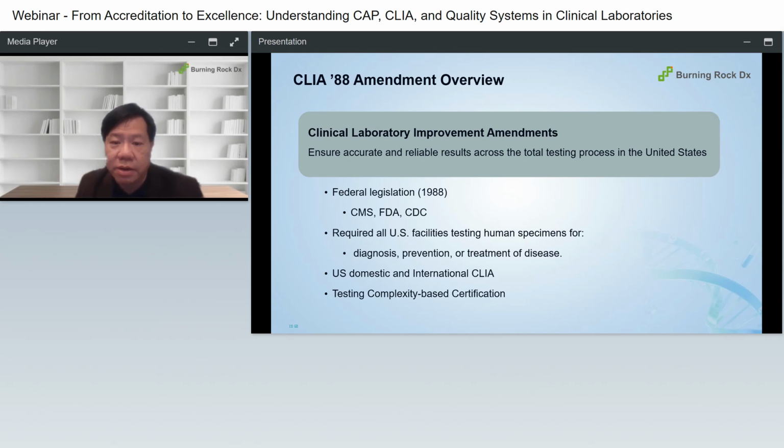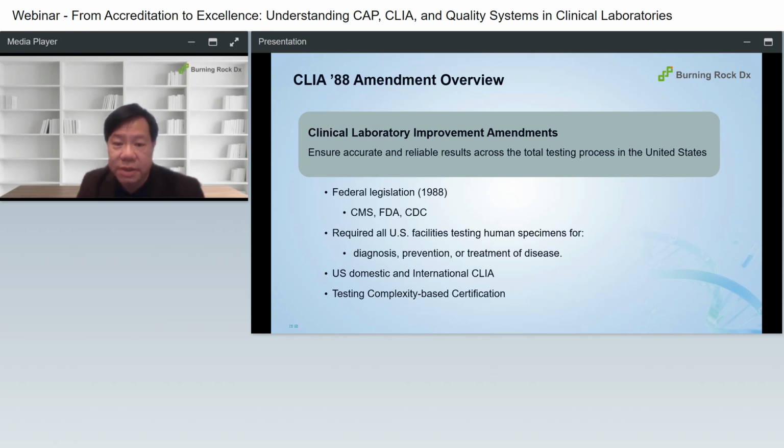It requires all U.S. facilities testing human specimens for diagnosis, prevention, or treatment of disease to hold a CLIA license. This is for the U.S. domestic, but there's also an international CLIA lab license, which I will discuss a little bit later.